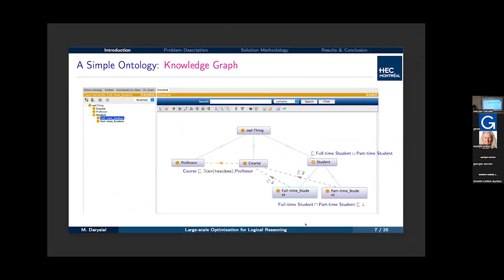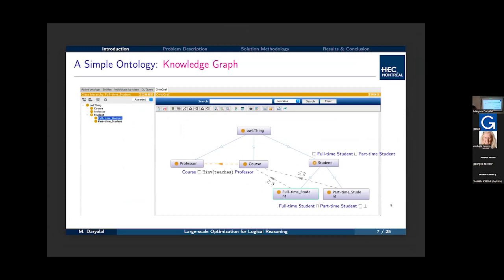In order to represent the rest of the knowledge, as you can see, just the knowledge graph is not enough, because we have types of information that cannot be represented using just a knowledge graph.